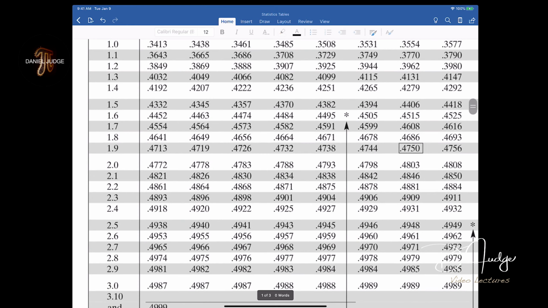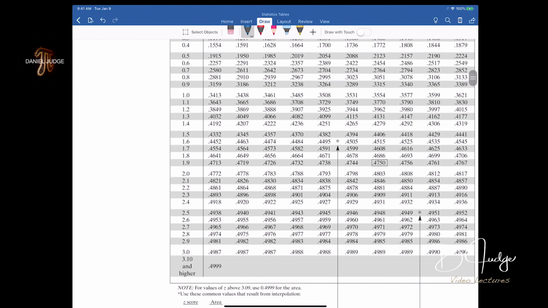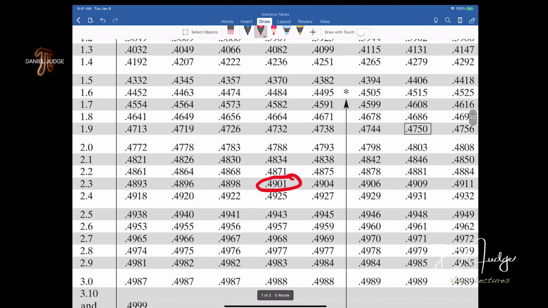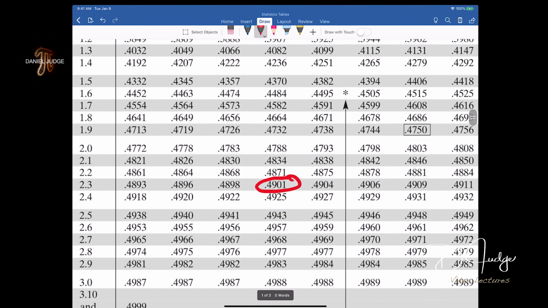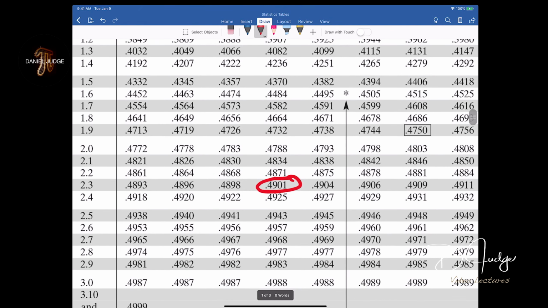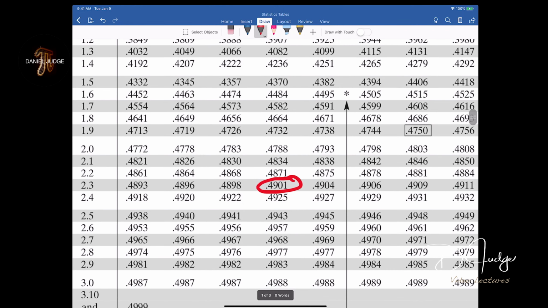The best I find, if you can see it there, ladies and gentlemen, the best we can do is right in here. 49.01. That's like 1 penny over. $49, that's $49.01. Now the next closest value is 48.98. That's 2 cents short.